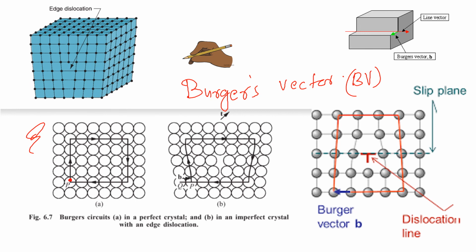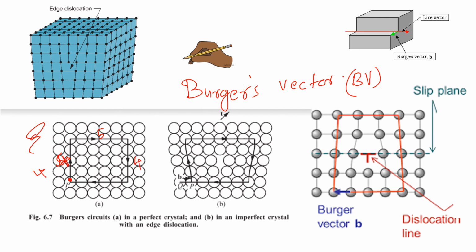In that, I am starting from the point P, moving upward by 4 units, because from the middle of one crystal, and 5 units in the right direction.